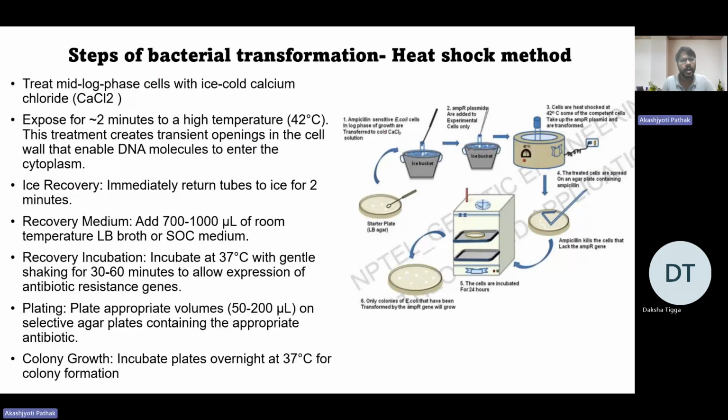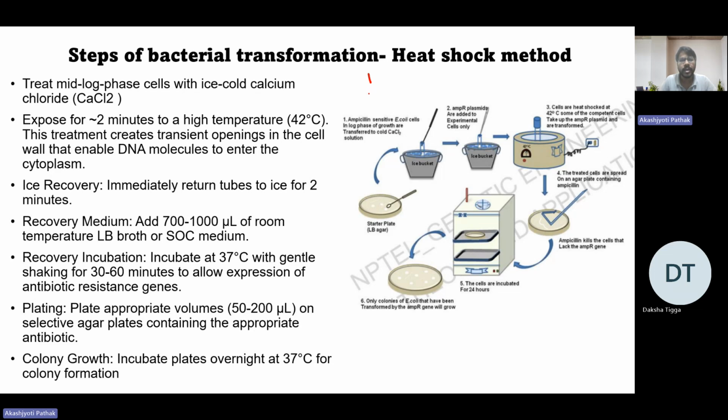So now we will see what are the different steps of transforming a recombinant DNA into a bacterial cell. First of all, we will have 200 ml LB media.